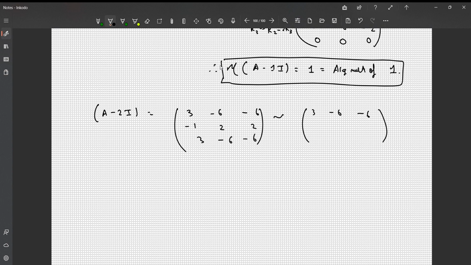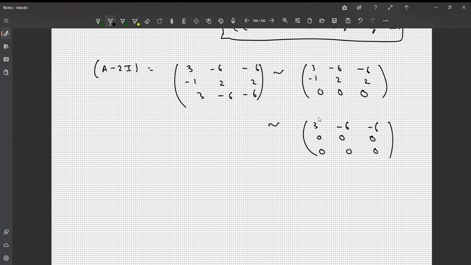So you get -1, 2, 2, 0, 0, 0. Next, you add 3 times the second row to the first row. So you have 3, -6, -6 becomes 0, 0, 0, and 0, 0, 0. So you can get no more nonzero rows.